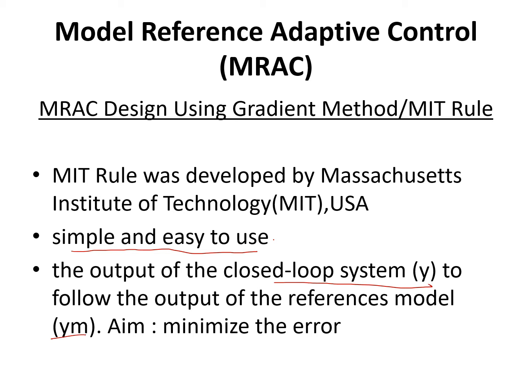If you still remember from the previous slide, in the structure of MRAC, there is a summing junction comparing the reference model YM and the plant output Y. The error between them becomes the input for the adaptive mechanism.